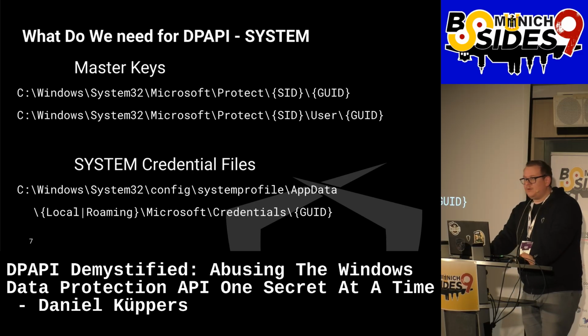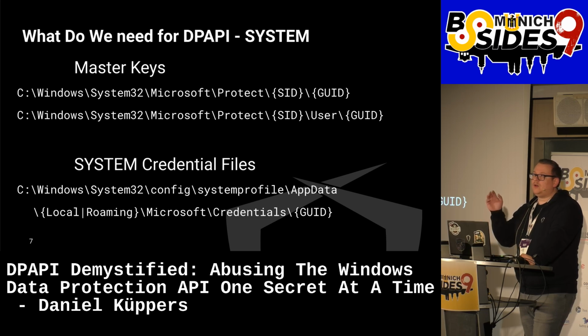The system credential files are found in the system profile app data directory, partly in local, partly in roaming. But they are stored there. For example, if you configure a separate set of user credentials that should run a task at 12 a.m. as an administrator, the credentials will be stored under this location.